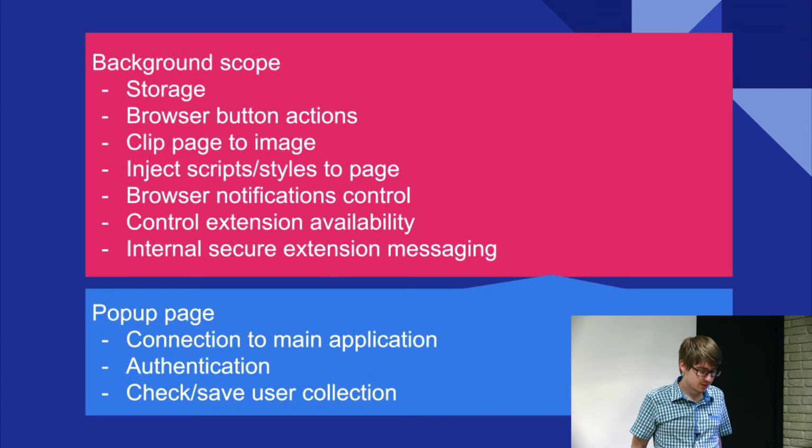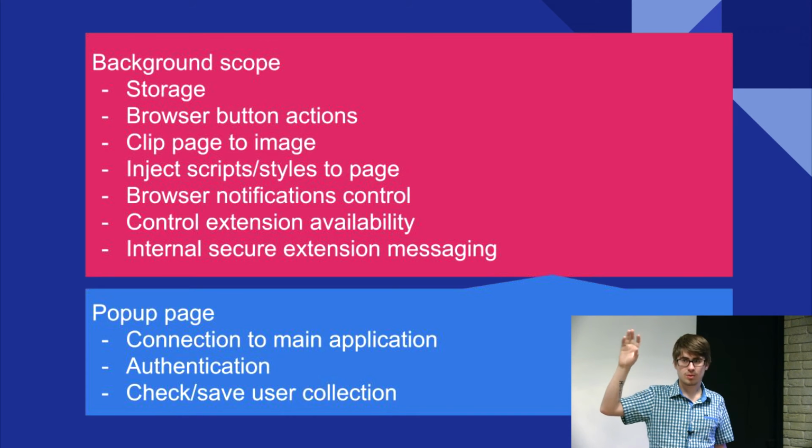And the background scope has internal secure extension messaging, which interacts only inside your extension. Inside the background scope, you can specify HTML5 which will be a pop-up page, shown when you click on the browser action.